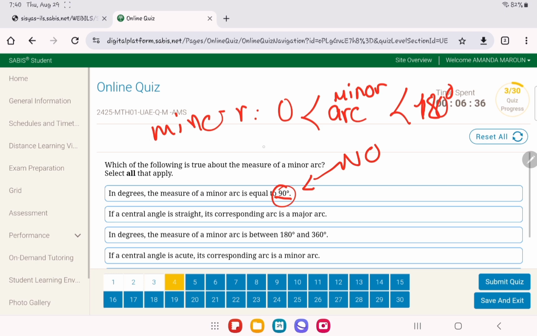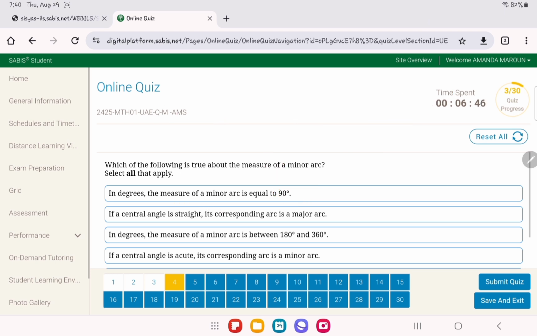Not all minor arcs are equal to 90. So here they're saying, in general, the measure of a minor arc is equal to 90. No, it is between 0 and 180 degrees.